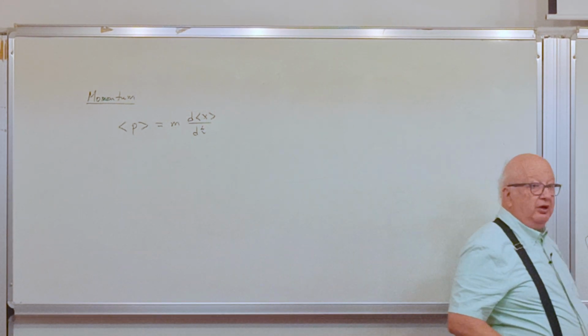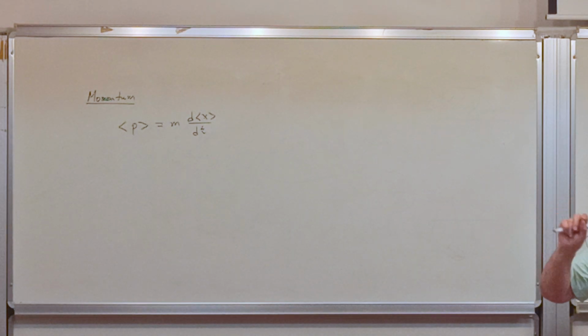Okay, so that sort of makes sense. The particle on the average is moving along the x-axis, and we know how the average position is changing. So that's something like velocity. If I multiply it with mass, I get something like momentum.